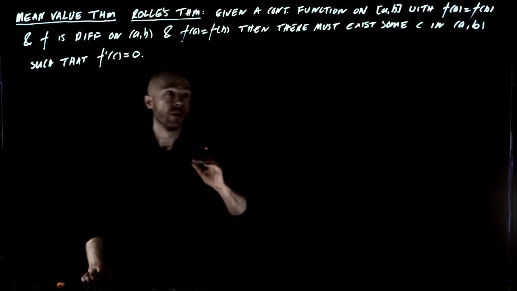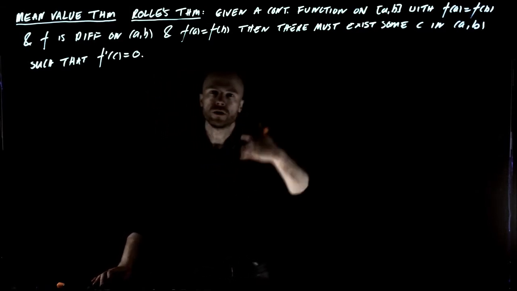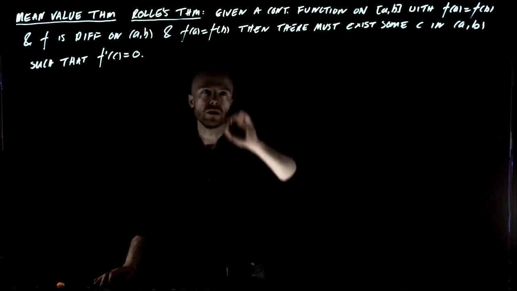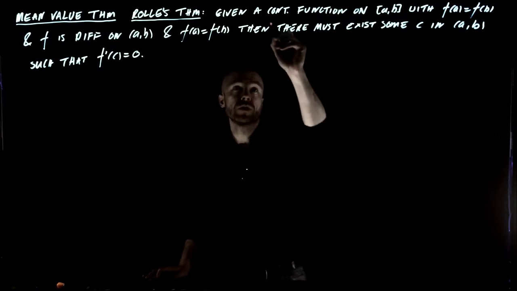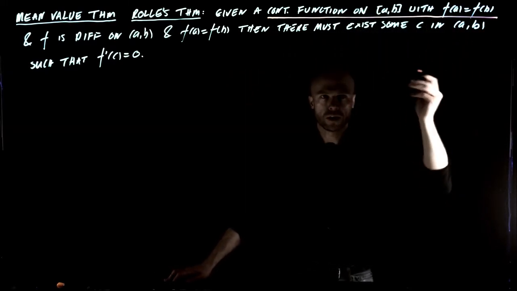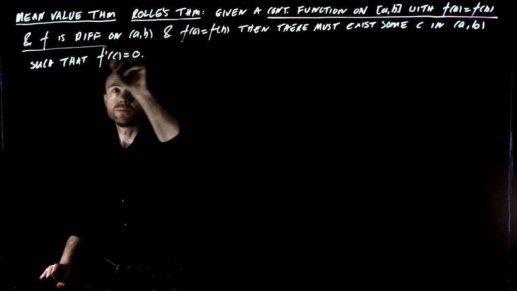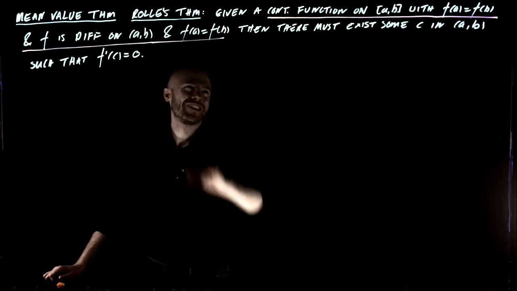Okay, so once again, the way we're going to see this is that we're going to draw a function, a typical example of a function satisfying these hypotheses, which means these assumptions. So we're going to take a continuous function on this interval where f of A equals f of B, right? And it's differentiable on the open interval. Oh, I've written that assumption twice.